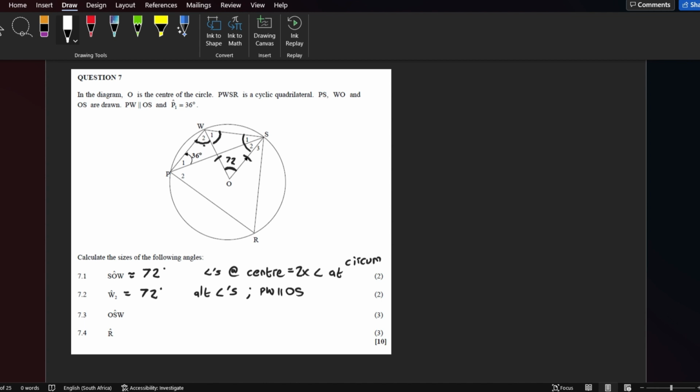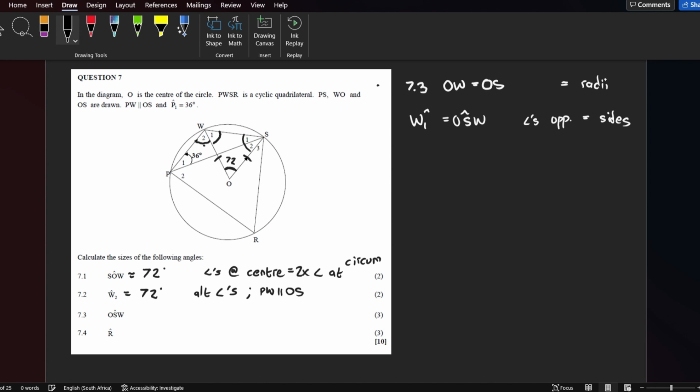Because we know that both those angles are equal. So we start off by stating OW. So for 7.3, OW equals OS, and the reason being equal radii, and therefore angle W1 equals angle OSW, and that is angles opposite equal sides.